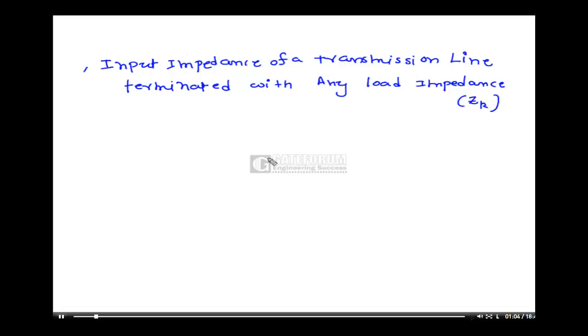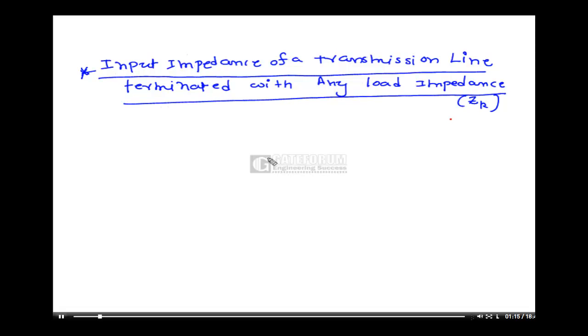This is a very important topic, input impedance. Input impedance of a transmission line terminated with any load impedance ZR.